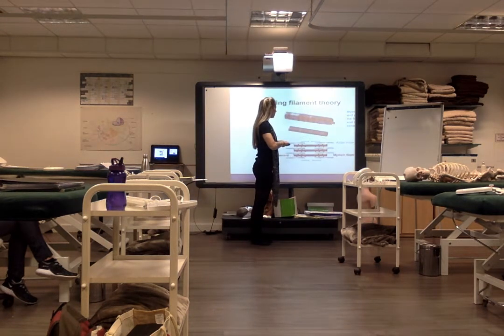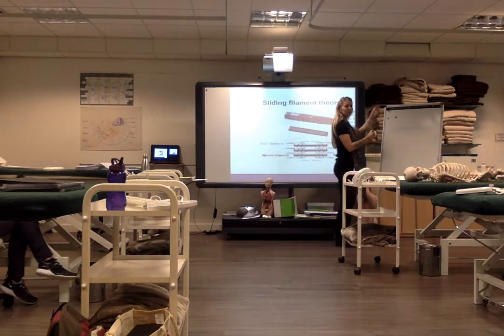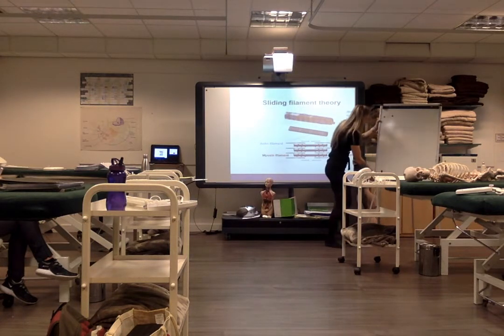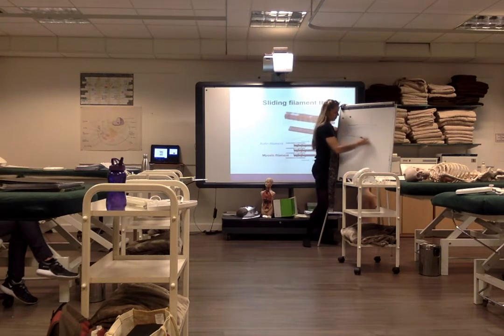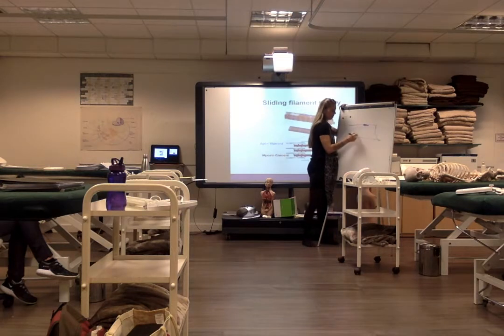So you've got a muscle. Can you all see my screen here? You've got the long muscles that we were saying, with the nucleus on the outside, and the stripes are called what? Striations.